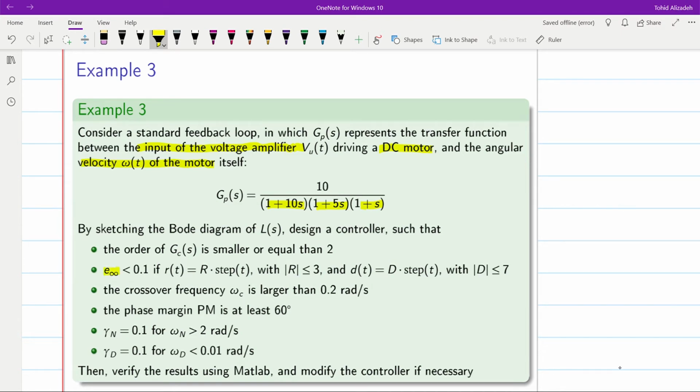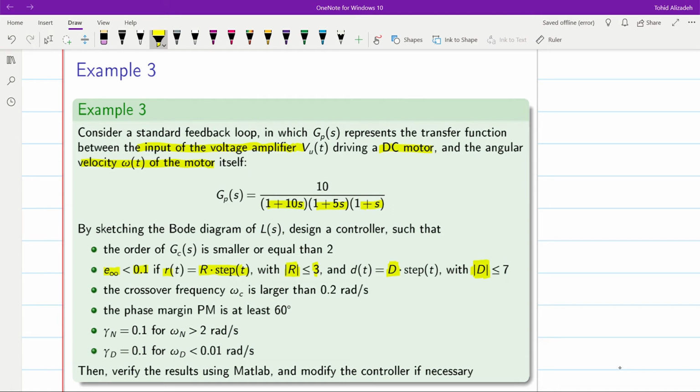Steady state error will be smaller than 0.1 if we have the reference signal equal to R times step of t, where the amplitude of R is smaller than or equal to 3, and we have also the disturbance at the same time, which is in the form of a step function with d times step of t, and the amplitude of d is smaller than or equal to 7. So we need to consider both the reference signal and the disturbance signal.